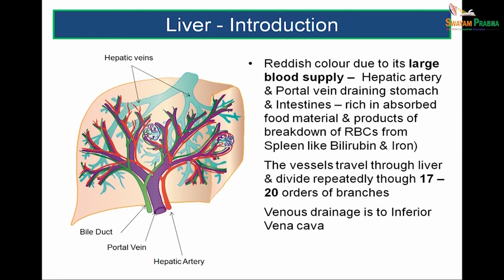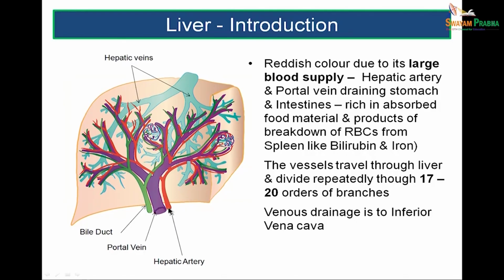The blood supply comes from the hepatic artery and the portal vein. The hepatic artery brings oxygenated blood to the liver, whereas the portal vein brings blood from the intestinal tract, very rich in absorbed products of digestion as well as in RBC products of breakdown like bilirubin and iron.